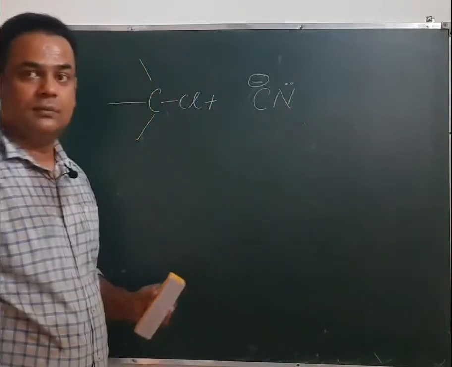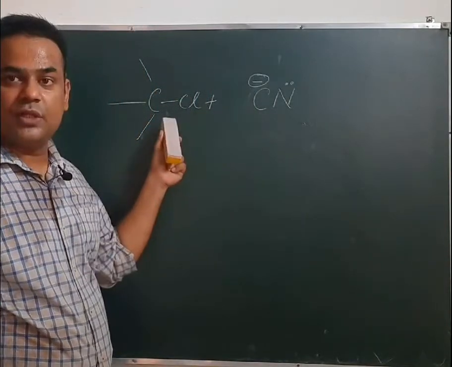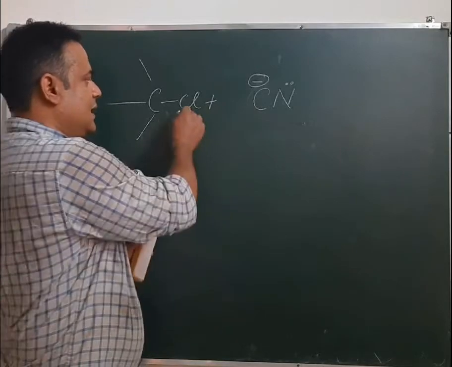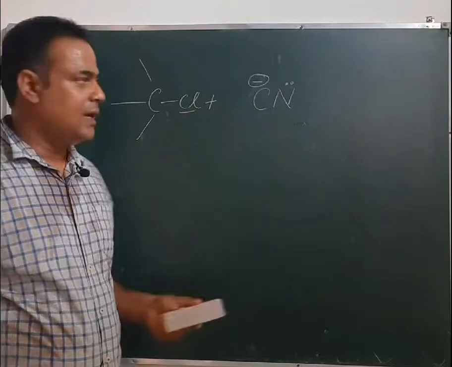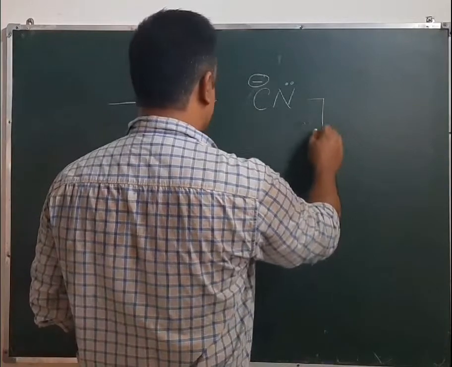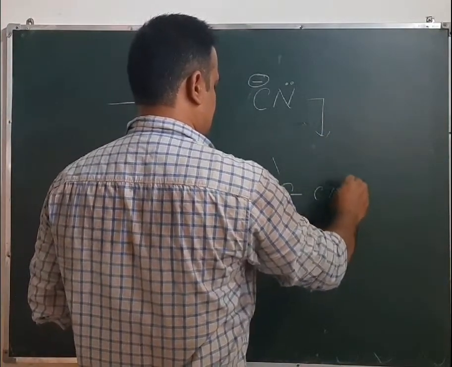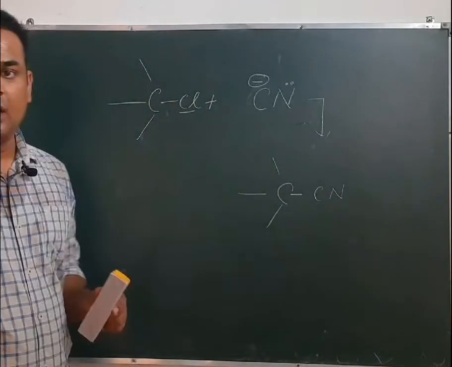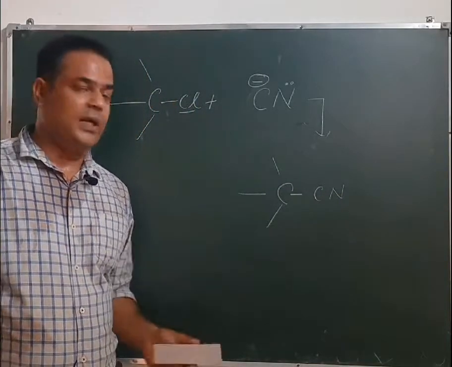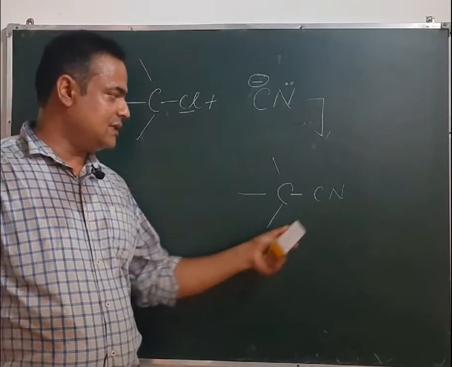Now what will happen? The same thing: a nucleophilic substitution reaction will take place. The Cl nucleophile will be replaced by the cyanide nucleophile. The common naming of this compound is simply the alkyl part.